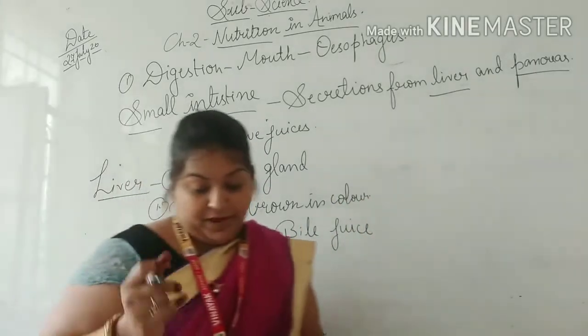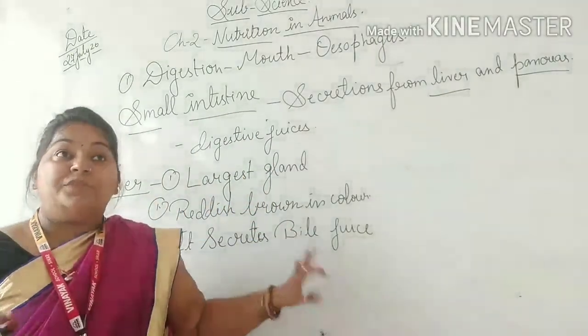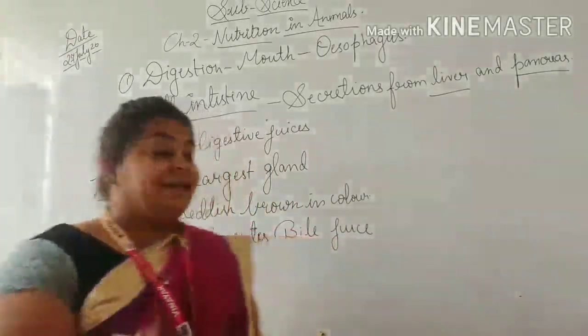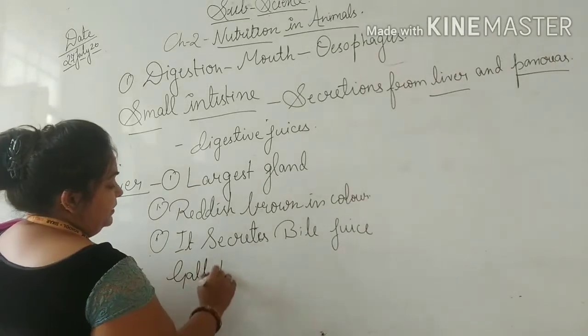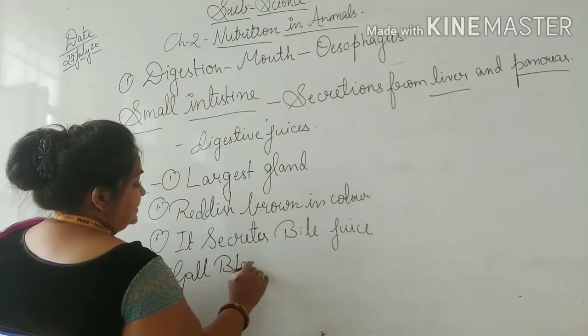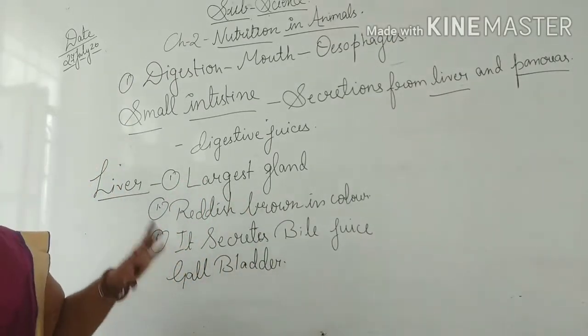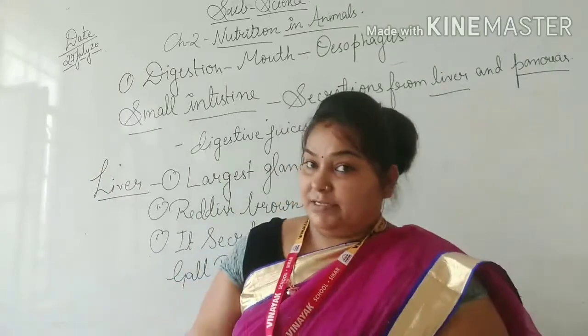Where is the bile juice stored? It is usually stored in a sac called the gallbladder, an important sac where the juices secreted by the liver are stored.